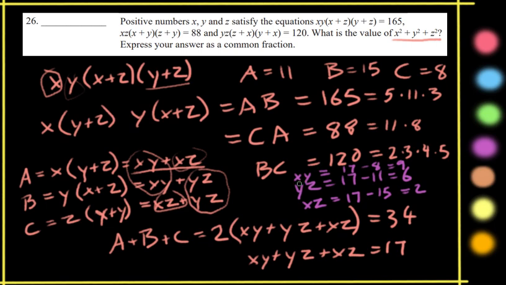Okay, so now we know what xy is, what yz is, and what xz is. If we multiply those three together, we'll get x squared, y squared, z squared.